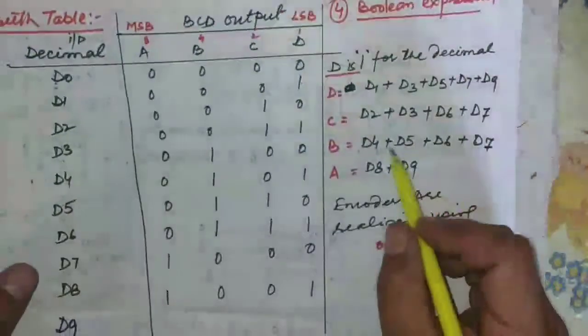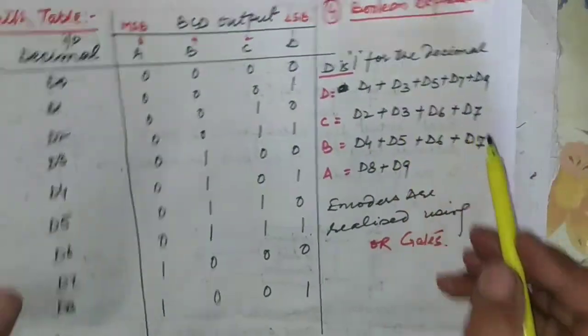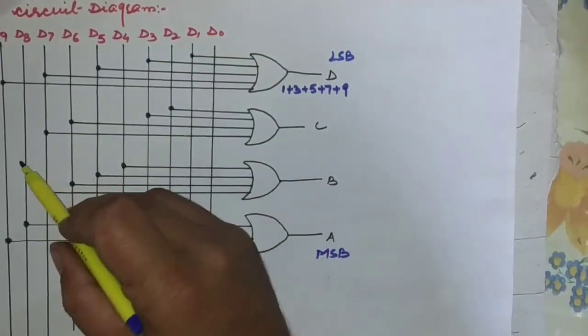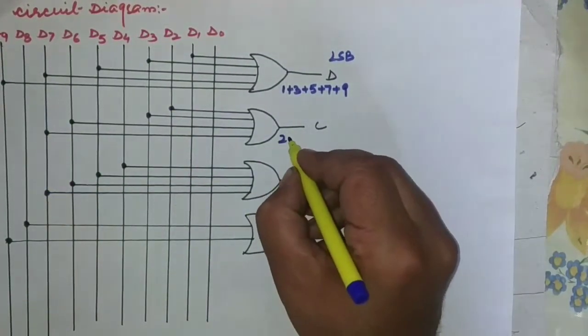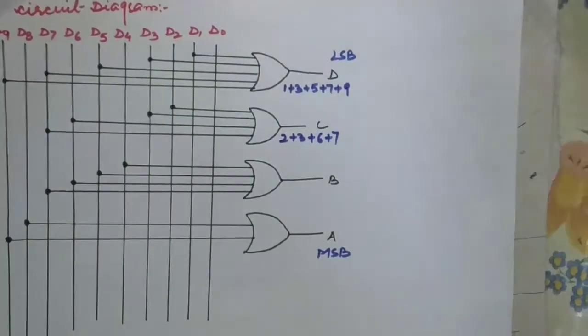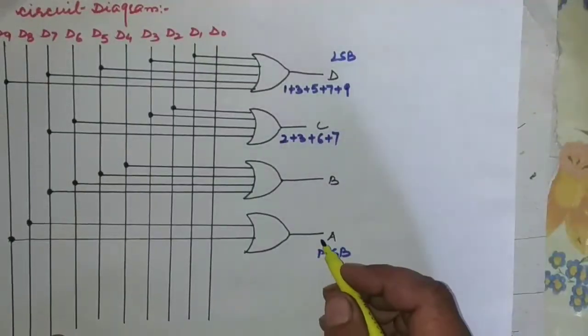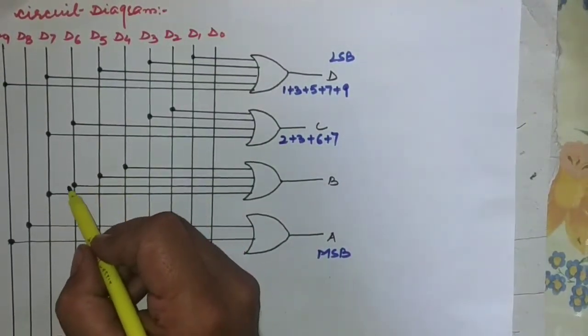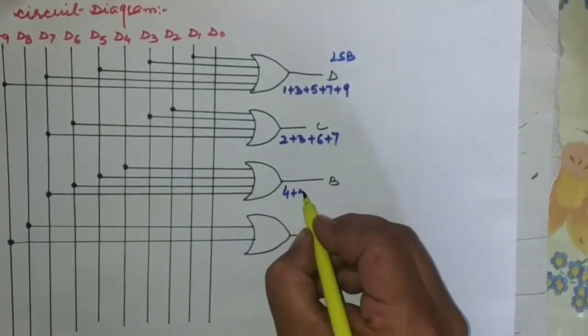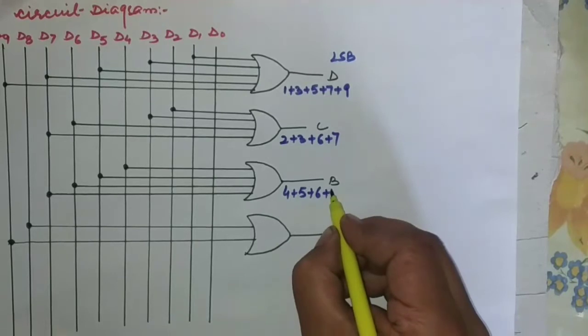And for C, 2, 3, 6 and 7. For B, 4, 5, 6 and 7.